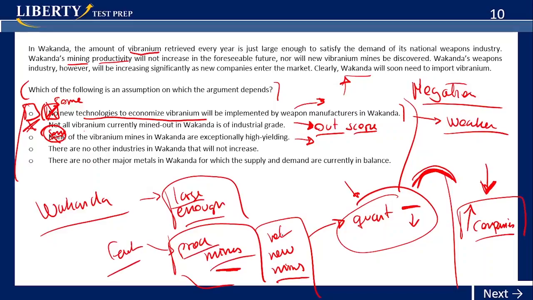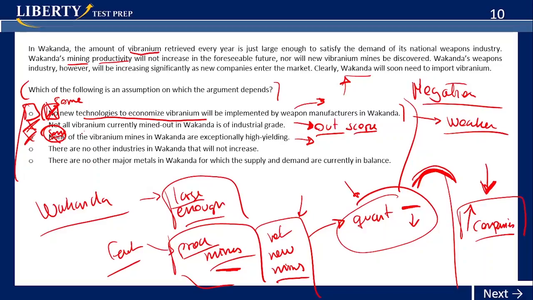The productivity in the mines is going to be the same or less. That's already given. So it doesn't matter if there's one mine or a couple of mines that are exceptionally high yielding. The total productivity of the mines is going to remain stable or be less. And there will be no new mines. So those are facts. We cannot contradict them. So letter C has nothing to do. We don't care about one particular mine. We care about the total production from the mines.